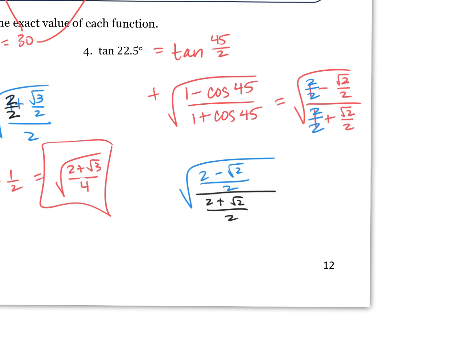Wow. Can I do this now? Yeah, he says, okay. Now that those denominators match, my 2-tooths are gone. But you guys, this is literally insane. We now have a big old root, 2 minus root 2 over 2 plus root 2. What do we have to do?